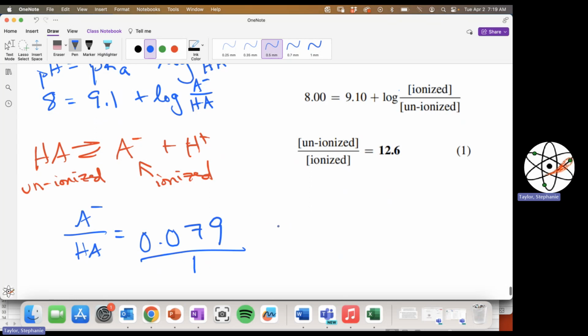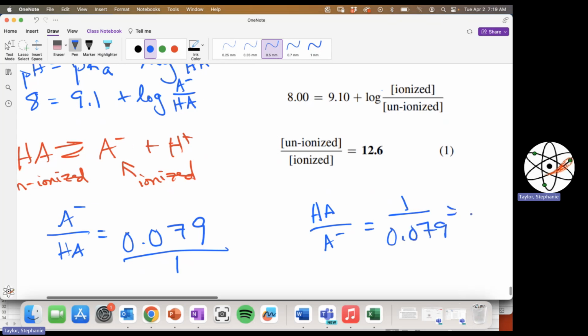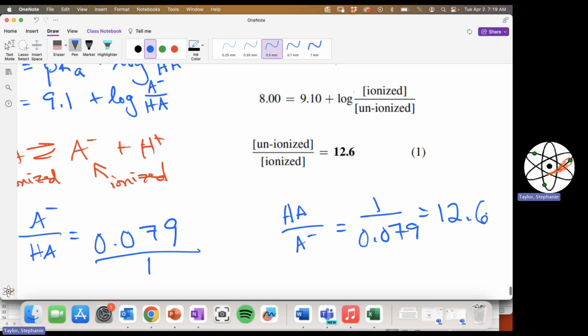And because they wanted to flip the ratio, putting the unionized over the ionized would be 1 over 0.079, which is how they got 12.6. So that's part A, which was not actually what the person in the chat wanted to ask about, but figured we'd go ahead and do part A before we got to part B.